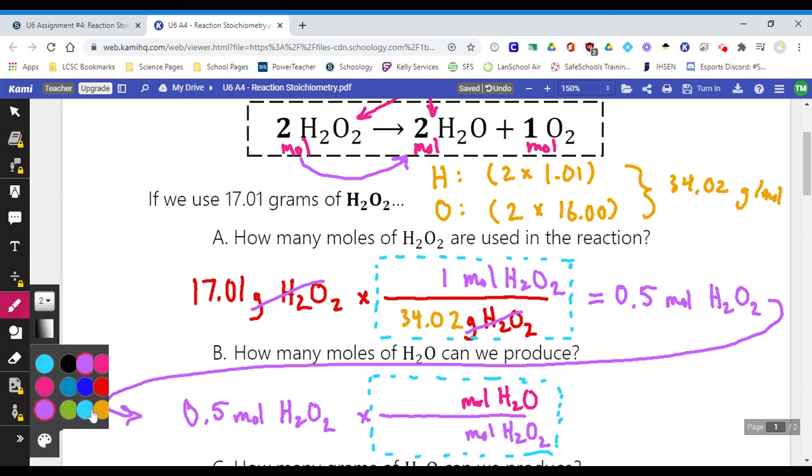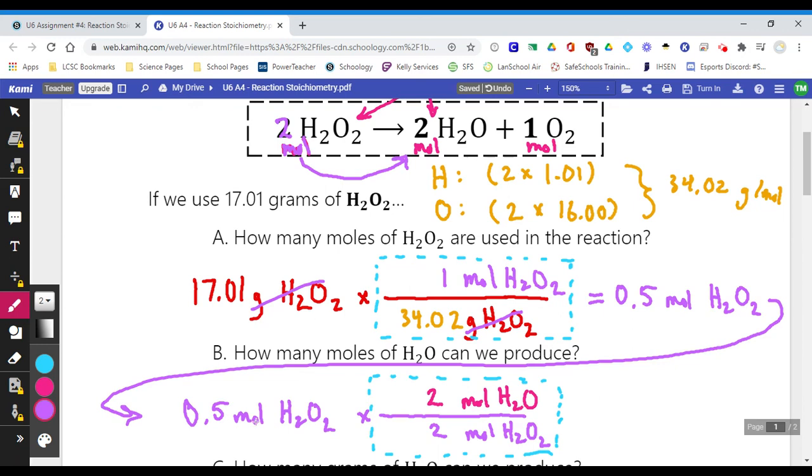What is happening in this reaction equation? Specifically, we have 2 moles of H2O2 that are basically being converted into 2 moles of H2O and a mole of O2. But again, all we care about is these two right now. My 2 moles of H2O2 are becoming 2 moles of H2O. If I had exactly 2 moles of H2O2, that would become exactly 2 moles of H2O. But I don't have that.